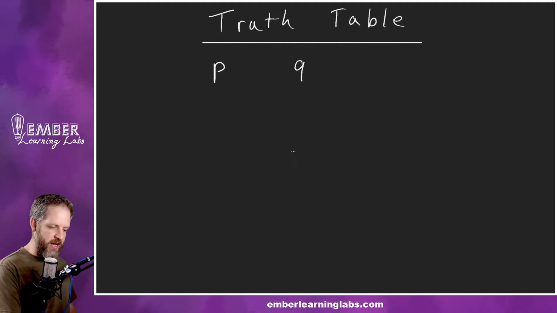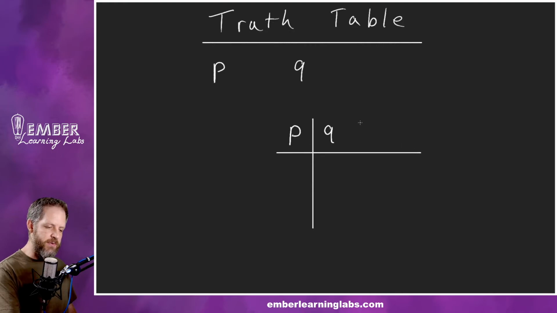If we have two statements, each statement can either be true or false, right? So these are the different options. P could either be true or it could be false. Now, if we have two statements, you could have P be true and Q also be true.